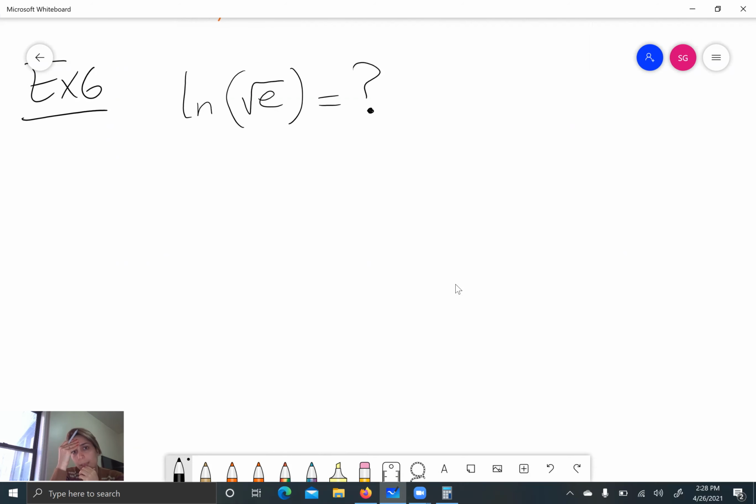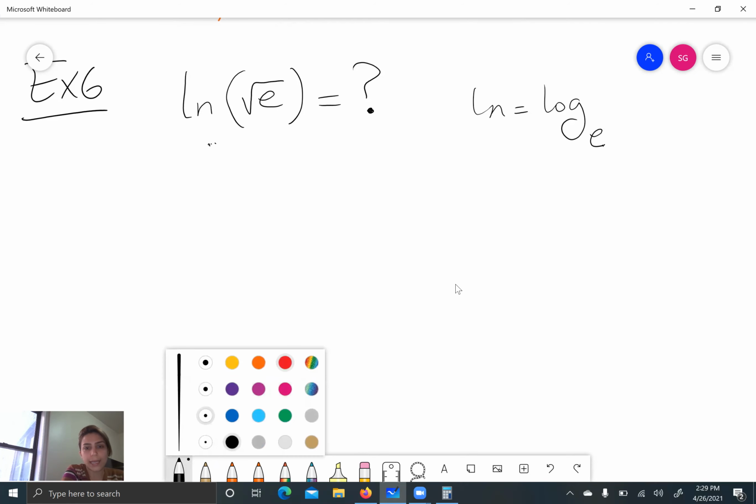Maybe you say, where is the base? For that reason, I just want to remind you that the base is e. Natural log is the same as the logarithm to the base of e. So the base is e.